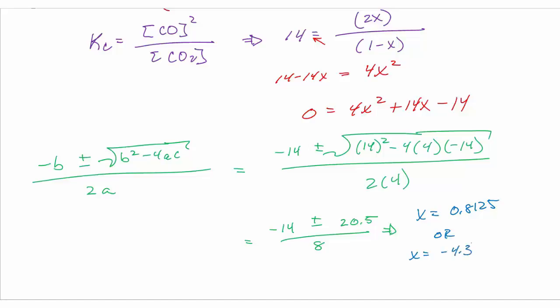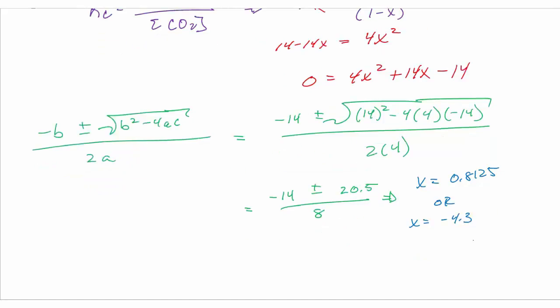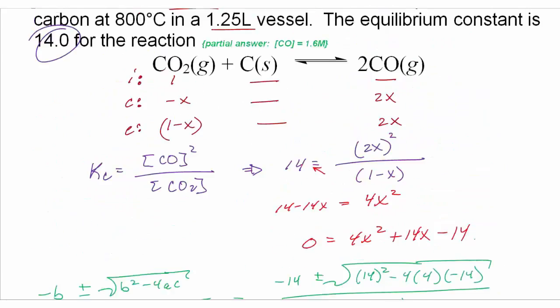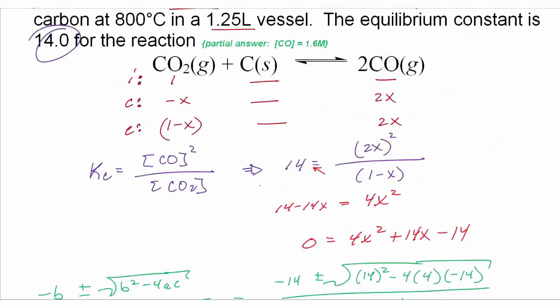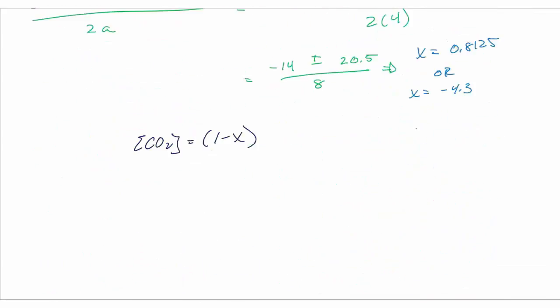Okay, which one doesn't make sense? Let's take a look at our answers here. The concentration of CO2 is 1 minus x. The concentration of CO is 2x.